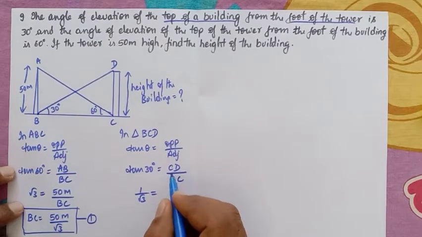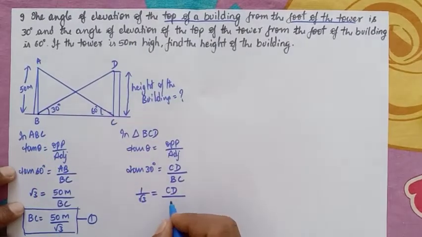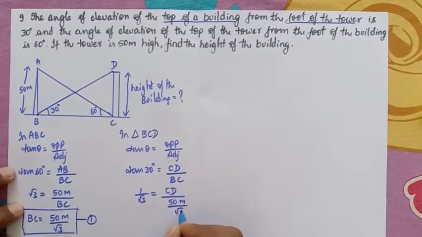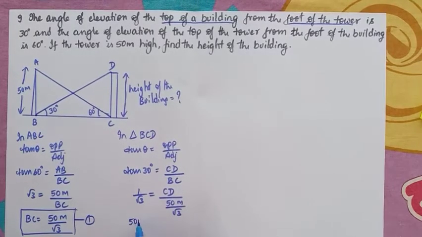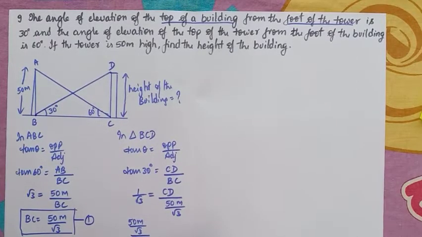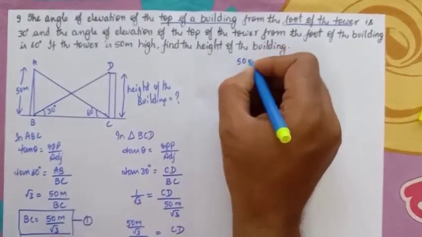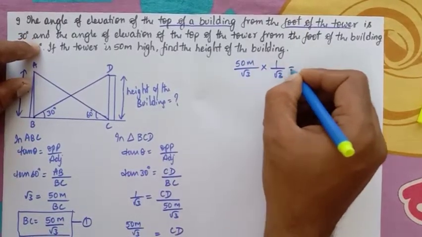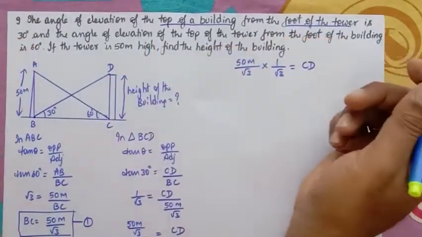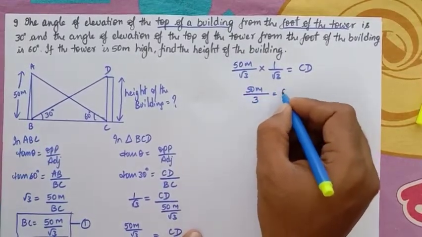We have to calculate CD, but we know BC. BC is 50 meter by root 3. So after cross multiplication, 50 meter by root 3 into 1 by root 3 is equal to CD. What is CD? CD is the height of the building. 50 meter by root 3 into root 3, which is 3, is equal to CD.